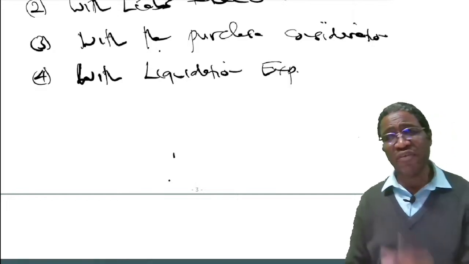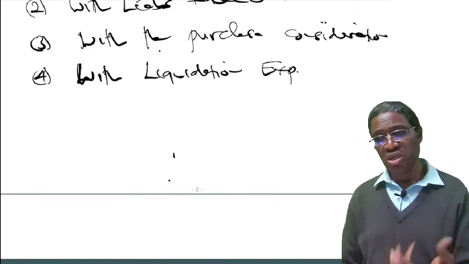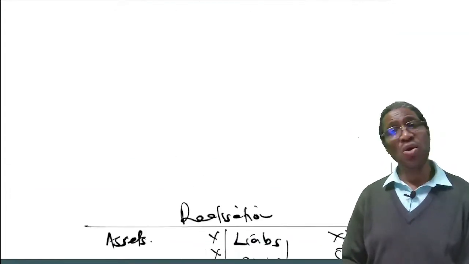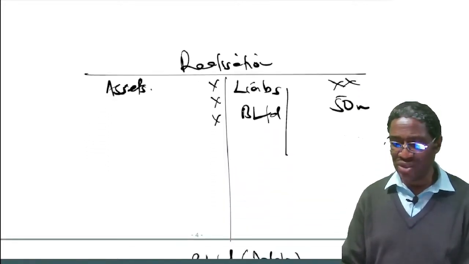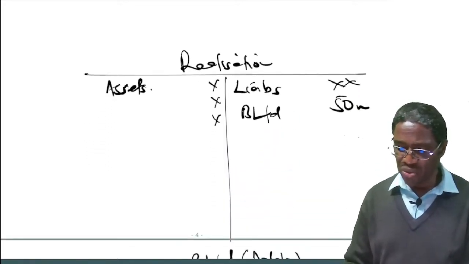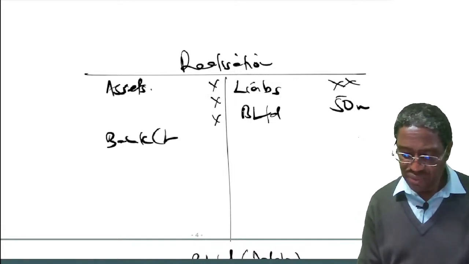Listen, if you as company A paid your liquidation expenses on your own, you will debit this account we are calling realization, and you will credit bank with any liquidation expenses.